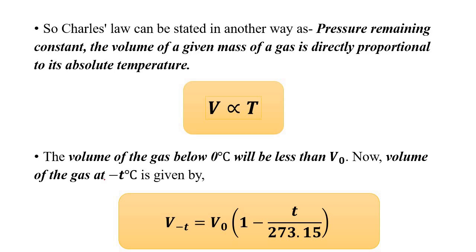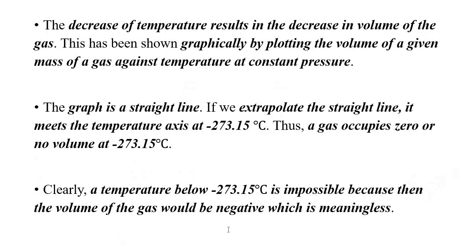That volume at a negative temperature will be lesser than the volume at 0 degrees Celsius, which is the reference we have taken. So when the temperature is gradually decreased, it will also result in a decrease in the volume of the gas.